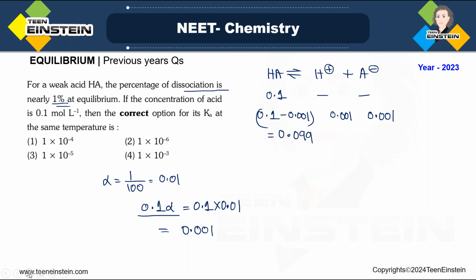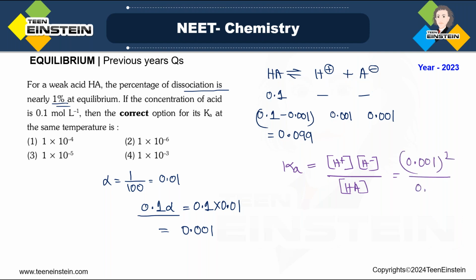So the concentration of HA is 0.099. Once we have done up to this point, the next thing you have to do is find the dissociation constant of the acid. H plus is 0.001 and A minus is also the same, so I can write it as a square.